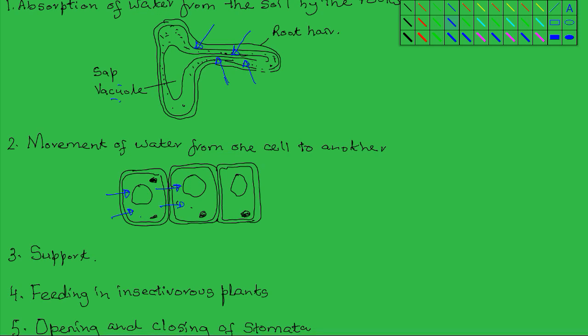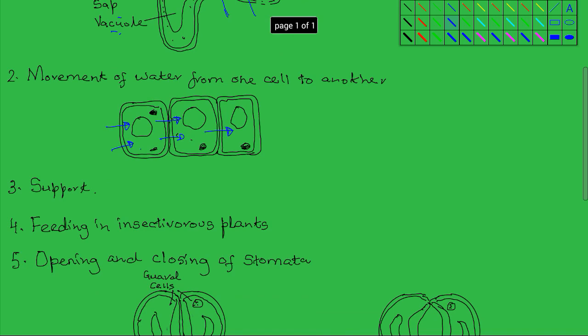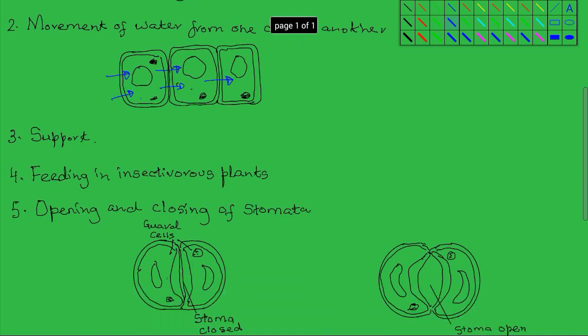The third role of osmosis in plants is support. Movement of water into the plant cells makes them firm and rigid. The cells become firm and rigid when they become turgid. The turgid cells then provide support in the leaves and stems, especially of herbaceous plants.